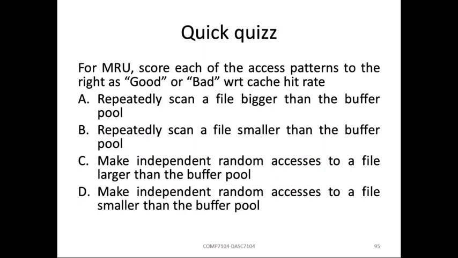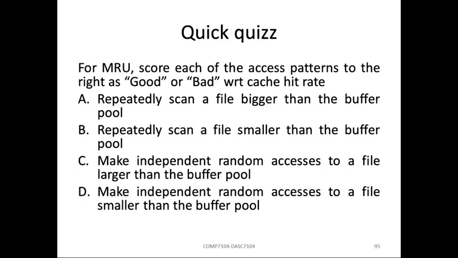We could say that most recently used is good at doing repeated scans of a file that is bigger than the buffer pool, but actually we should make it a bit more precise. It's better than least recently used, but definitely I would say we cannot qualify it as good. It still remains bad, more or less, as we discussed before.